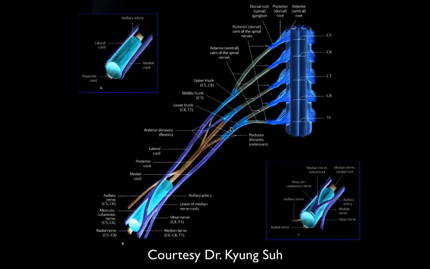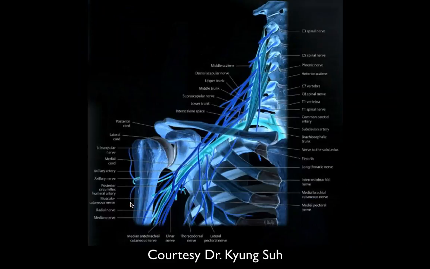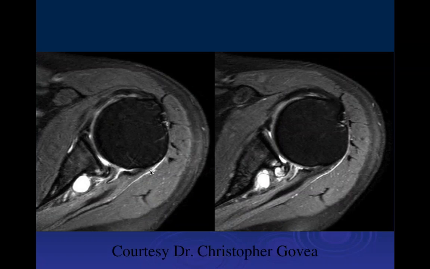The axillary nerve comes off through several different cords of the cervical spine, primarily C5 and C6, and then it comes around and innervates part of the humeral head, as well as the teres minor, teres major, and part of the triceps, I believe.